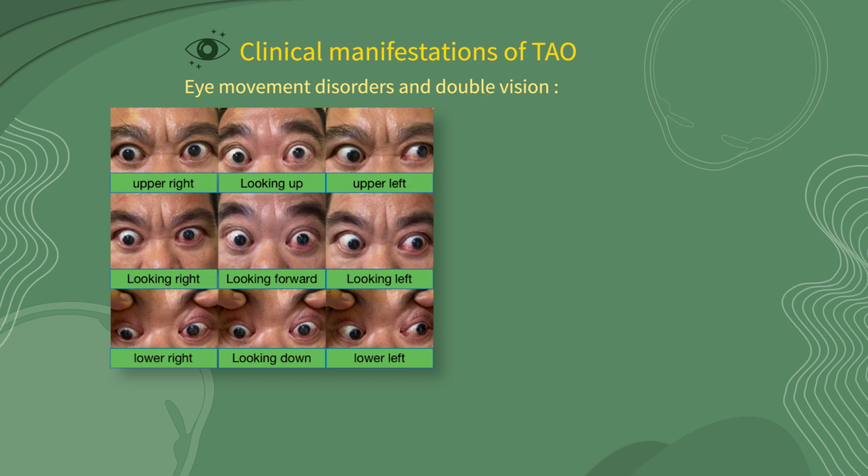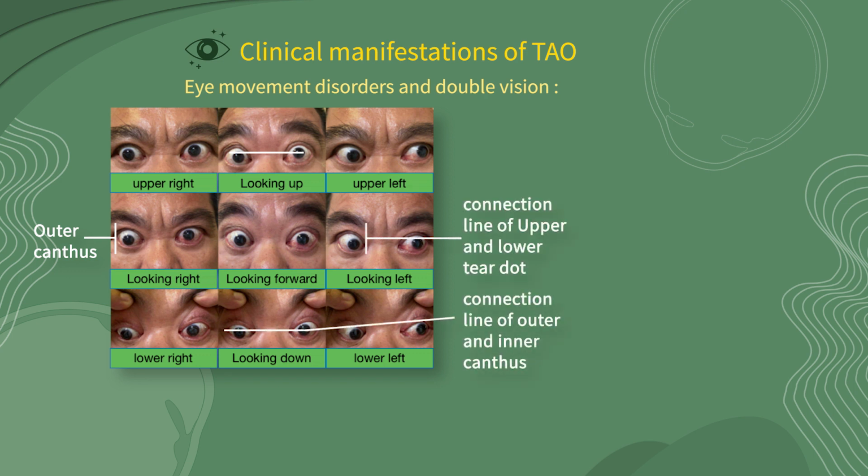Normally, when the eyeball moves in different directions, the inner margin of the pupil can reach the upper and lower tear dot connection line. The outer corneal limbus reaches the outer canthus. The lower and upper limbus reaches the inner-outer canthus connection line.